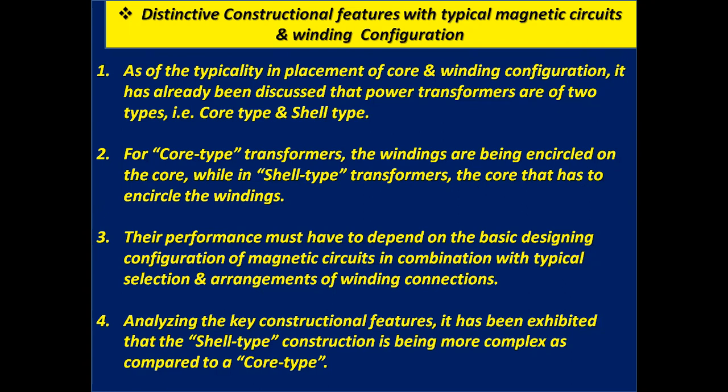Their performance depends on the basic design configuration of magnetic circuits in combination with the typical selection and arrangement of winding connections. Analyzing the key constructional features, it is exhibited that the shell type construction is more complex as compared to a core type.